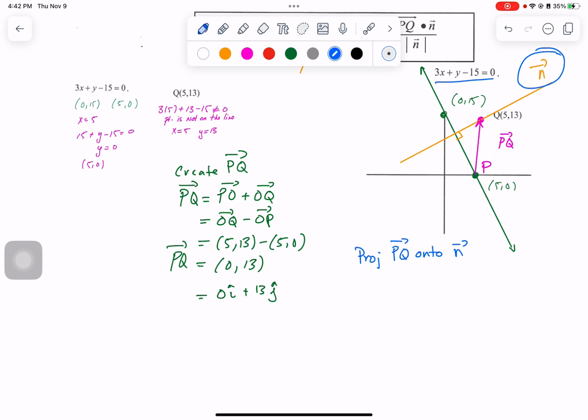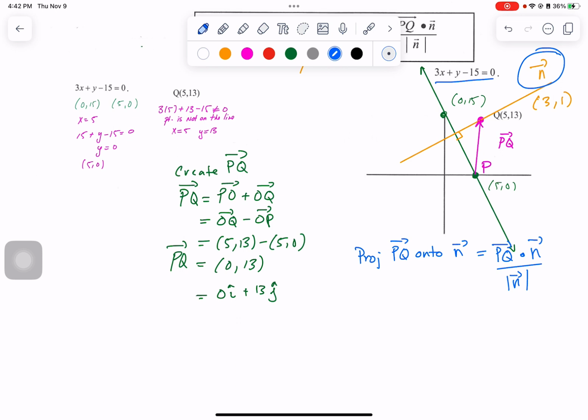The normal is given by (3, 1). So the projection of PQ onto N is going to be equal to PQ dot N over the magnitude of N, because that is the projection that we worked out in an earlier unit.